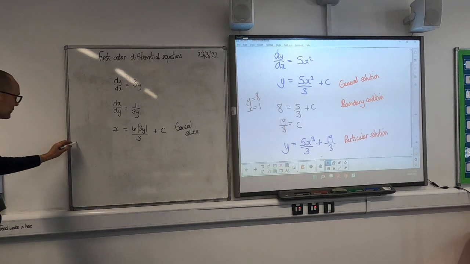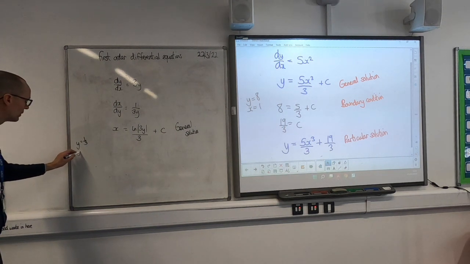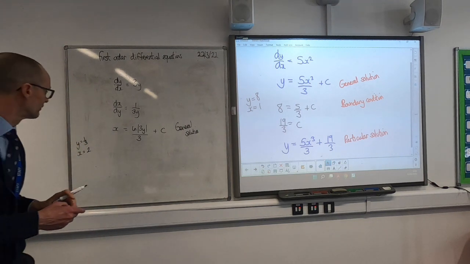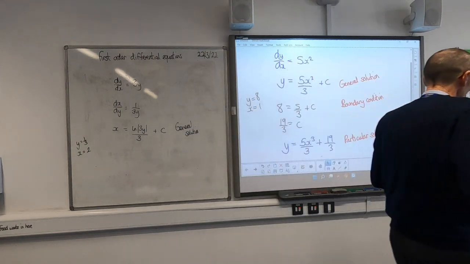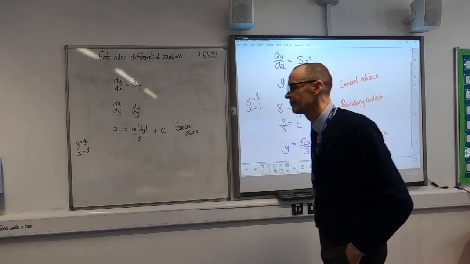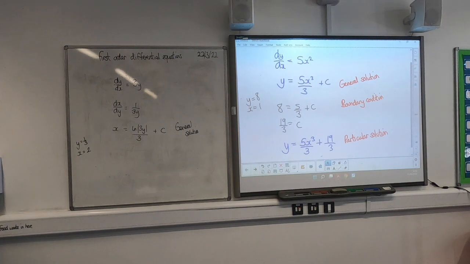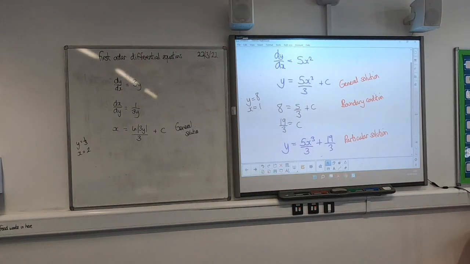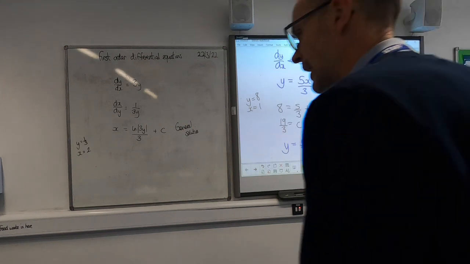And go on, if I give you a boundary condition, do you want to work out a particular solution for me? Remember at this point that ln of 1 is 0.